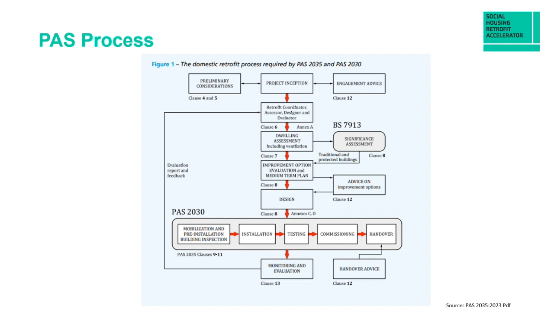This diagram also neatly references the different clauses within the new PAS 2035 standard that you can go and look at in some more detail. But you can see quite clearly from this diagram that the first 5 steps of the retrofit process all fall into PAS 2035. And then you get to installation and your installers will be following PAS 2030 before it comes back into PAS 2035 for long-term monitoring and evaluation.